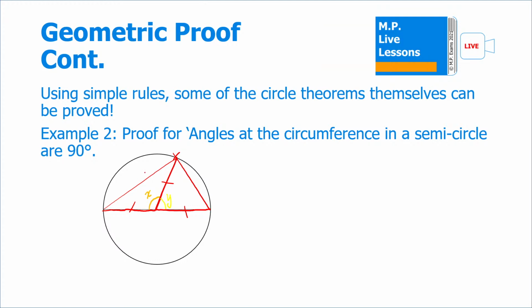So these three angles still add up to 180, but since these two are the same, we'll call this y. This angle here would be 180 minus y divided by 2. In a similar way, this angle here is going to be 180 degrees minus x divided by 2, because this angle is also the same.